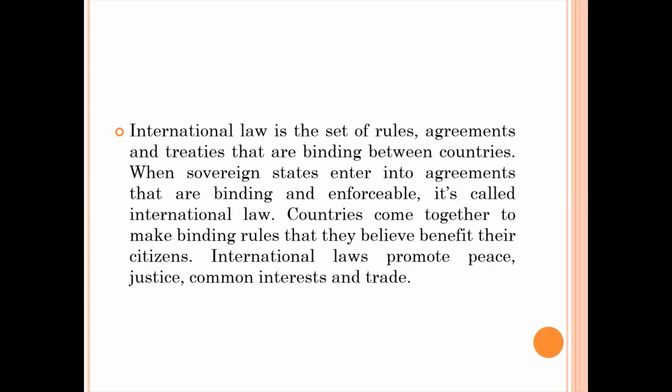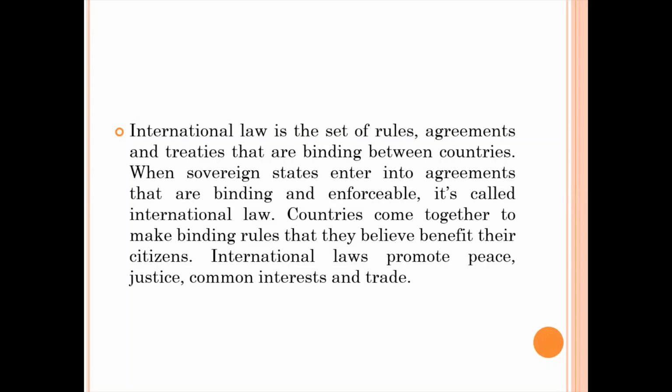Now it depends on the government of that particular country or state whether to apply that law in its state or not. Or some parts they can impose, and some parts they cannot. Okay, this is known as international law.